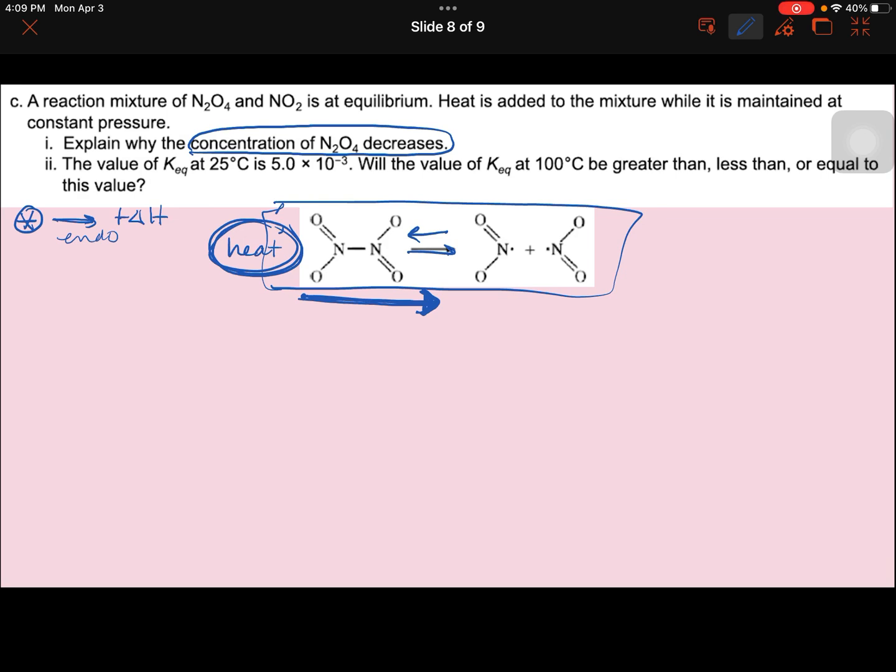So explain why the concentration decreases. Increasing temperature favors the endothermic reaction, which would cause N2O4 to decompose, and that would decrease its concentration.